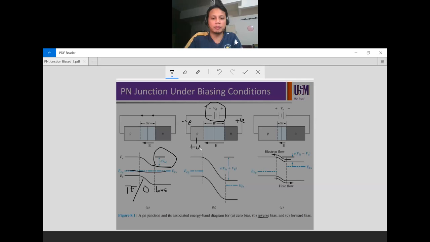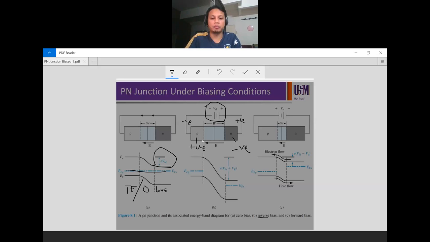Why is p-type positive in nature? Because the majority carrier in p-type is hole. So when you connect your positive p-type with negative, opposite polarity, we're going to have reverse bias.